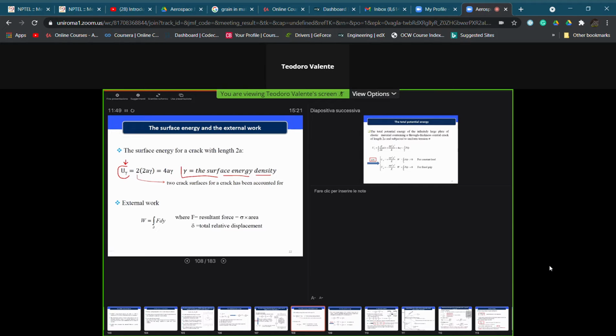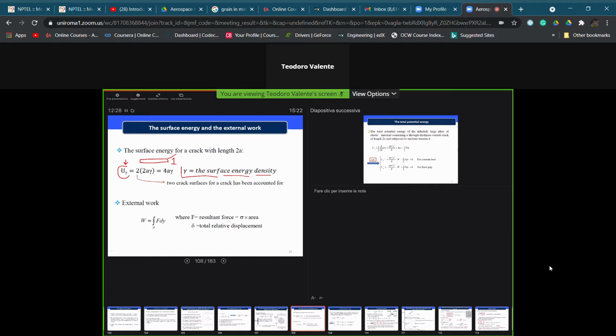So again, we have one surface, which is 2a of the crack, and the second surface, neglecting the crack tip, which is again 2a. The thickness is supposed to be 1. And so the value of U gamma, that is the multiplication of gamma with the surface, is 2 times 2a times 1, that is 4a times gamma. And this is the value of U gamma.